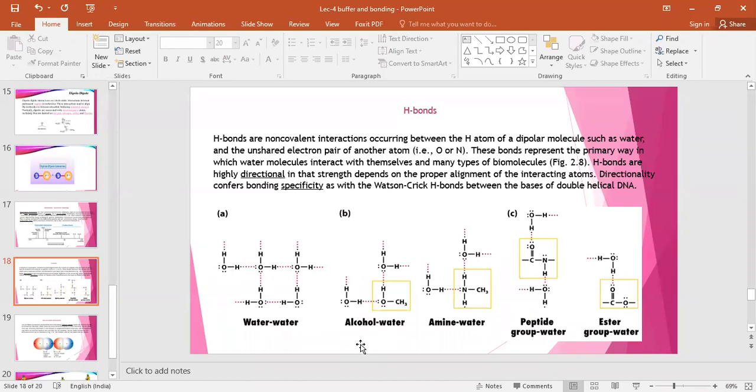Obviously, hydrophilic means water loving, they want to share a bond with the water. So polar or hydrophilic molecules form hydrogen bonds with water by the same thing, dipole-dipole attraction. Some examples are cited here.